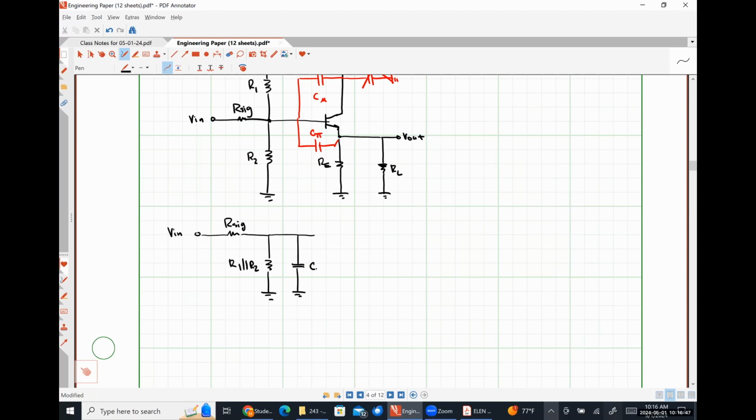Here is C mu. There's where I'm choosing to put my base terminal. It's fine there. Here's R pi, VBE.